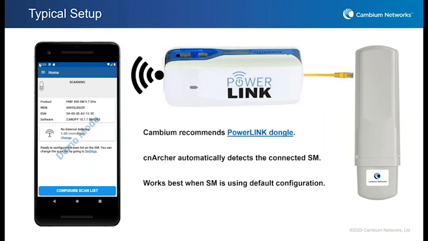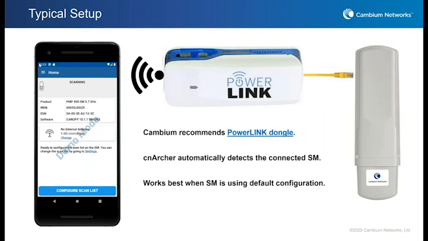Once it is connected in this way, the app is able to talk directly to the subscriber module over the default IP address. It's not mandatory that you use PowerLink. All that is needed is some setup where the app can talk directly to the subscriber module. We have seen customers use different options here. The disadvantage of PowerLink is that the battery is pretty small.